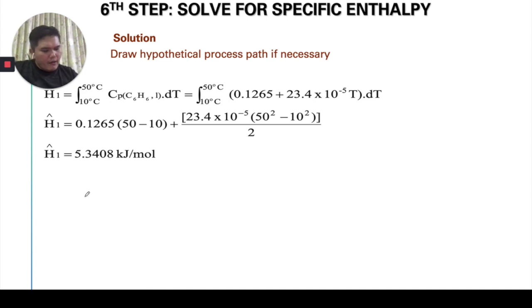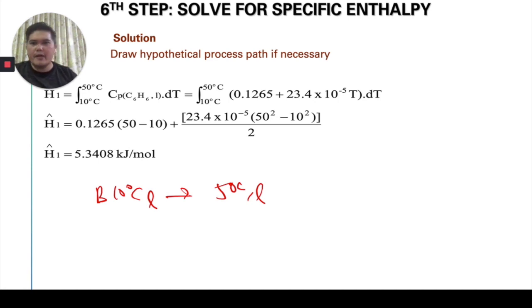Here, because the benzene is changing from 10 degrees Celsius in liquid to 50 degrees Celsius in liquid, there is no change of phase, and the effect of the change of pressure is negligible, because it's a very small amount. If you subtract the pressures, the change is very small.